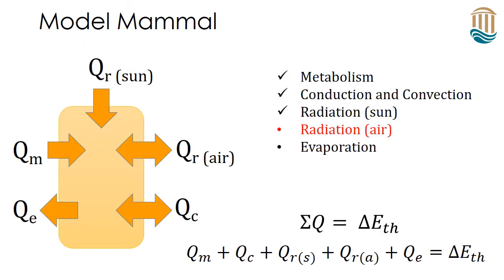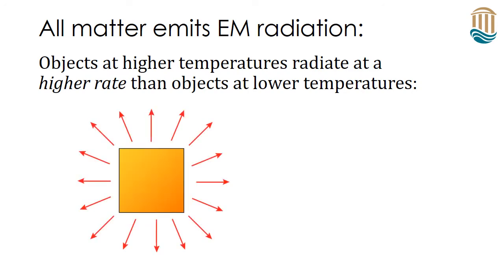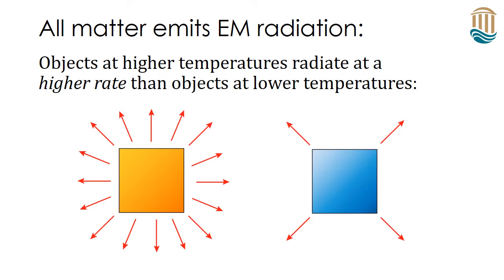The second part of radiation is the heat gained or lost to the surrounding air. All matter emits electromagnetic radiation. As long as an object's temperature is above absolute zero, it will emit heat in the form of radiation. Of course, objects at higher temperatures radiate at a higher rate than objects at low temperatures.